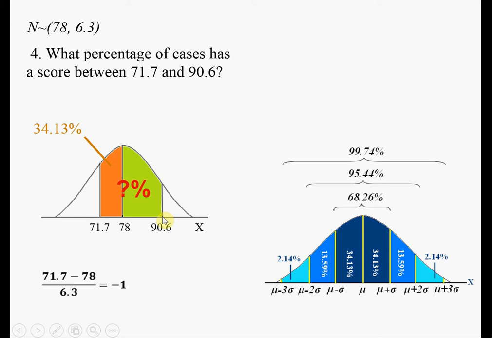Then we have to determine the size of the green area. For that purpose, we have to determine 90.6 is how many standard deviations above the mean. And we use this formula to calculate that: 90.6 minus 78 divided by 6.3. And that gives us a positive 2.